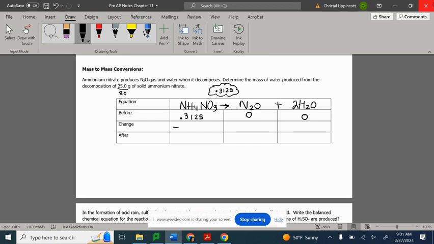I'm going to subtract from my reactants, and I'm going to add to my products. Okay, I won't have any of this left. I'm going to have 0.3125 here, and I'm going to have 0.625 here.